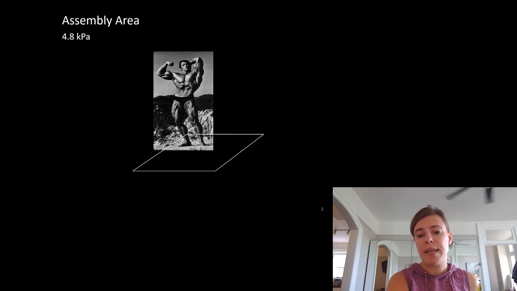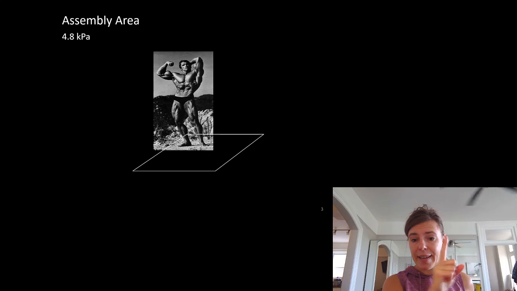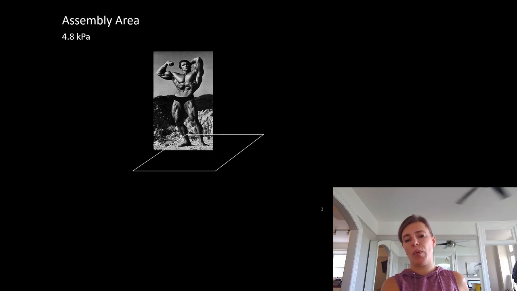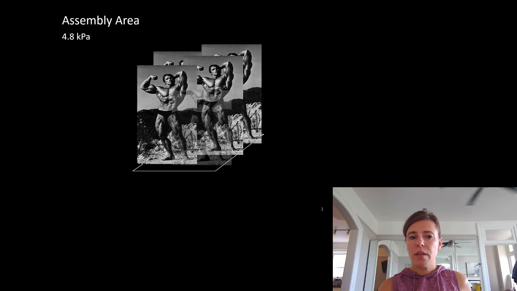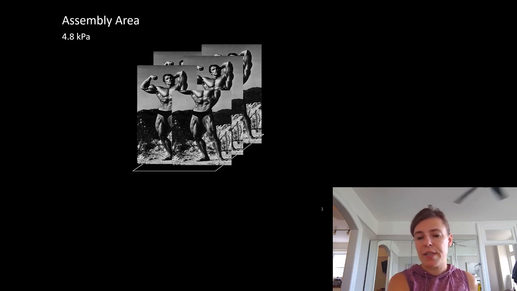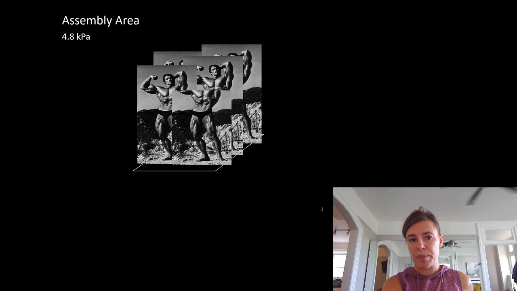So we're going to round him to 225 pounds, which means Arnold is about 1 kilonewton, because if you remember, 1 kilonewton was about 225 pounds. So if Arnold is 1 kilonewton, and we have 4.8 kilonewtons per meter squared, we need 4.8 Arnolds crammed into that 1 meter by 1 meter square.